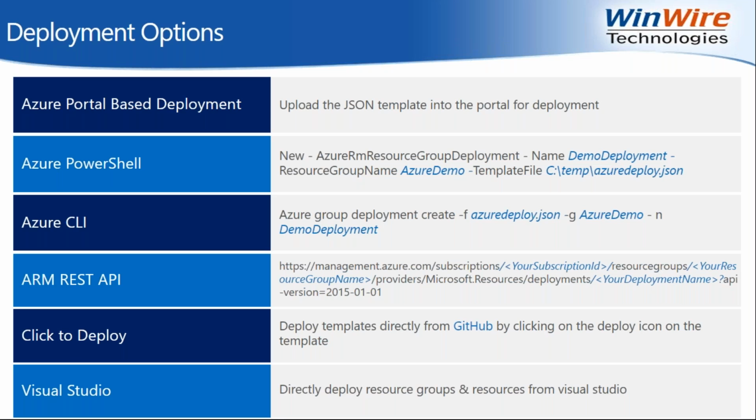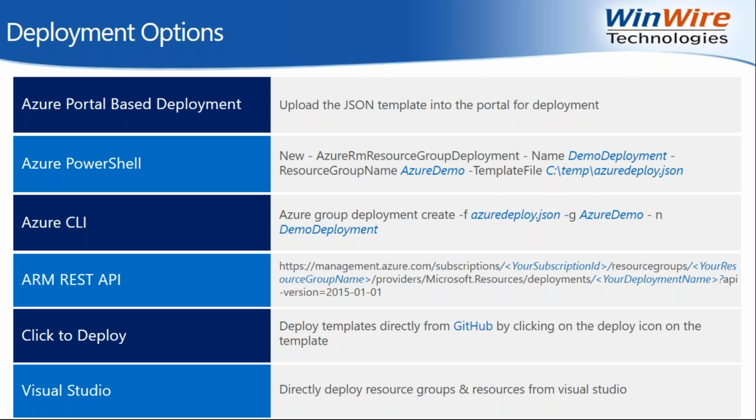And again, using ARM RESTful APIs, the REST API, we could configure the APIs to the subscription ID, also provide the resource group name and then the deployment name, wherein we can, using this API, deploy resources onto Azure.